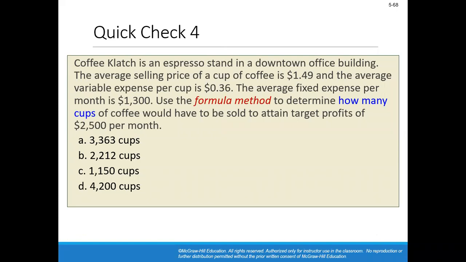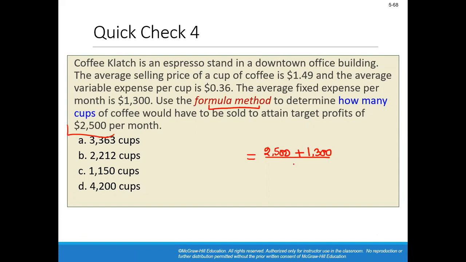So let's check whether we need to use the formula method for getting the quantity sold for the purpose of a target profit of 2,500. In the formula method, we need to add two things in the numerator: the target profit 2,500, and we also need to cover the fixed expenses, which is 1,300 here. And we have to divide this number by the contribution margin ratio.